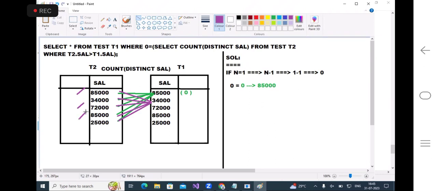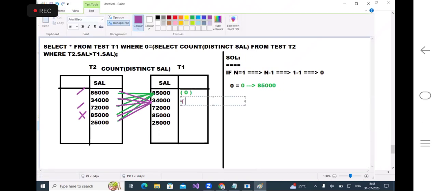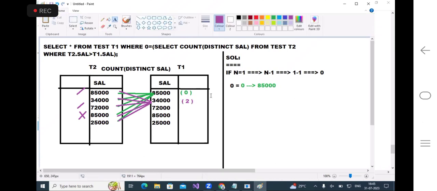So 3 only, but out of 3, 85 is counted 2 times. But what does the distinct keyword mean? Don't count duplicates. So I removed one 85, I didn't count it here. Finally, how many values are more than 34,000? 2 values. So the count will be 2.